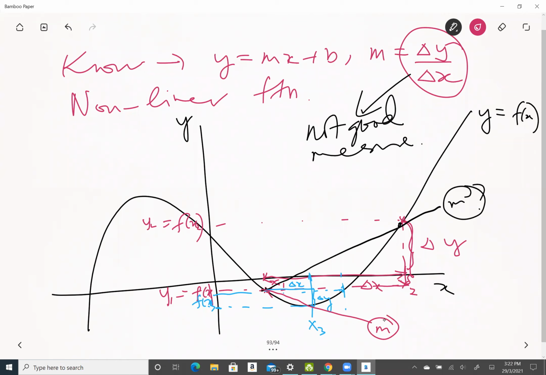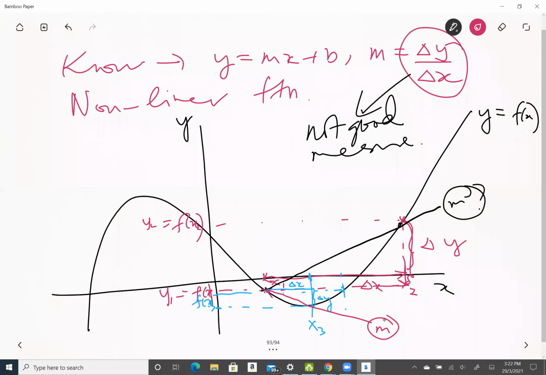Now you compare this m to the curve. You compare the first m to the curve. Which one is better? Which one is closer to the curve? The second slope or the first slope? The second one, sir.